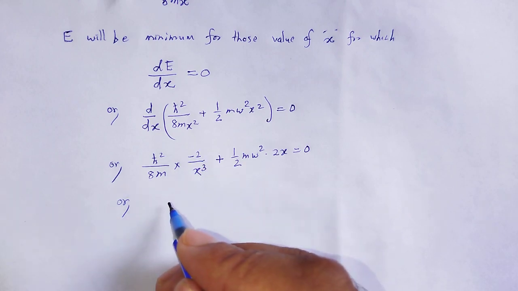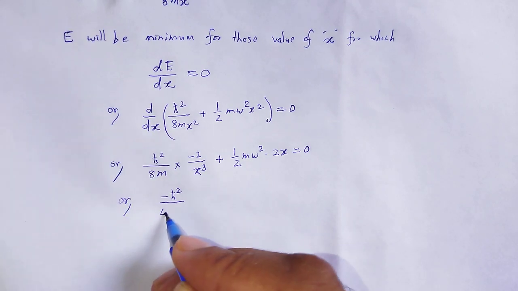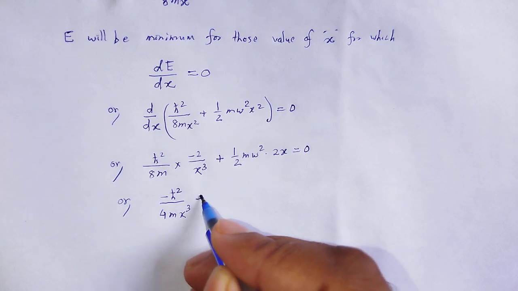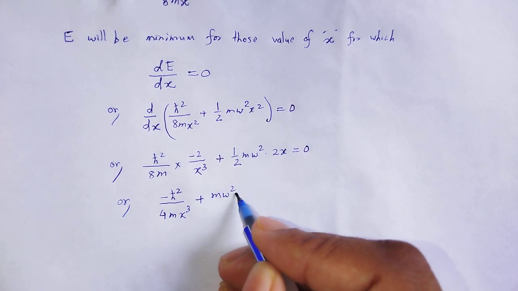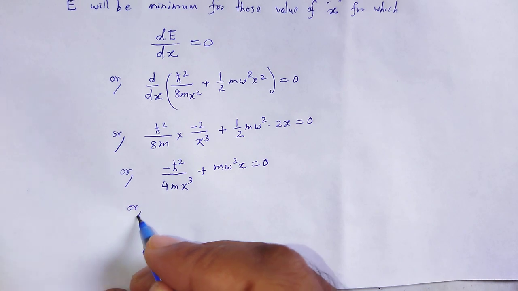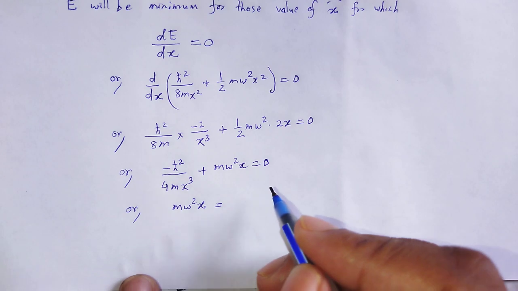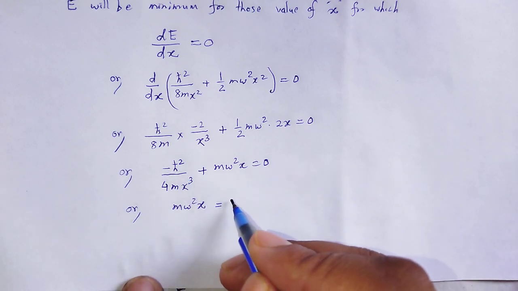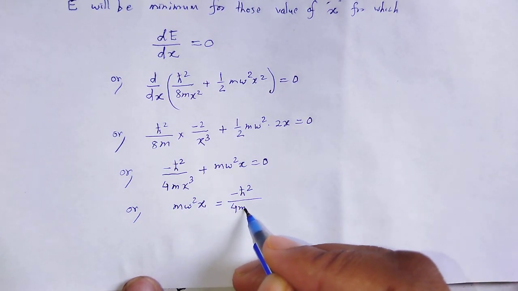or minus h cut square divided by 4 m x cube plus, cancelling the 2, m omega square x is equal to 0, or m omega square x is equal to h cut square divided by 4 m x cube.